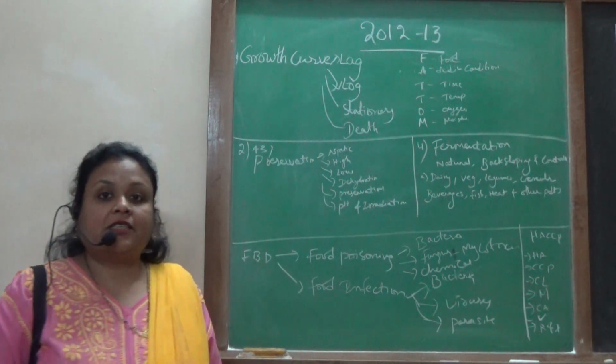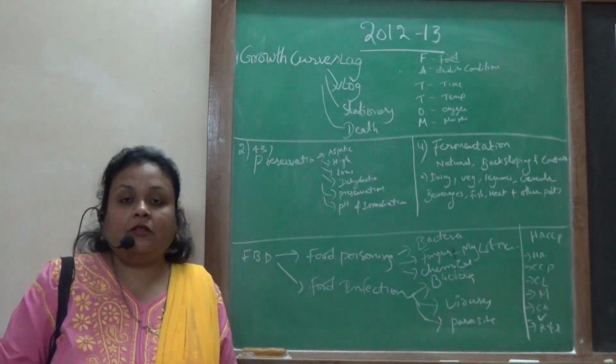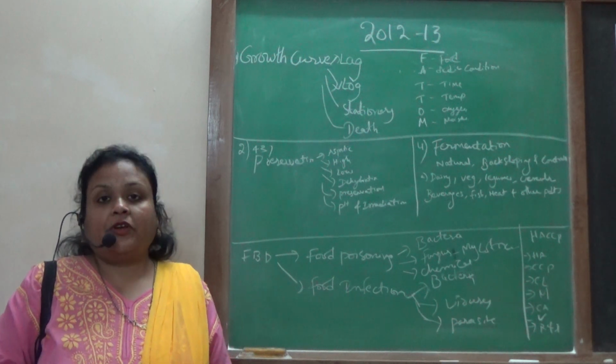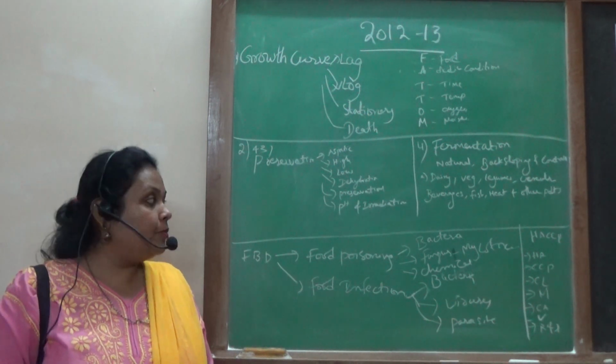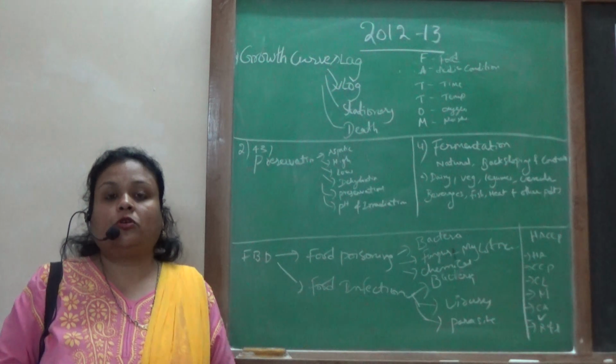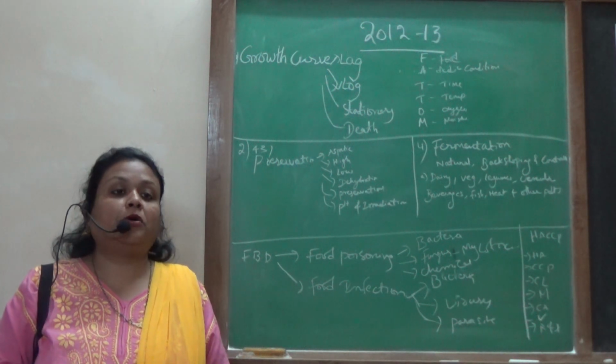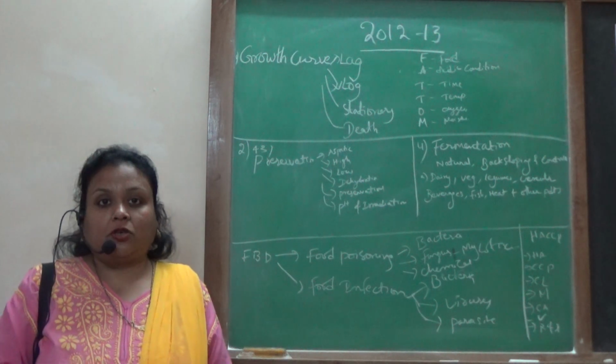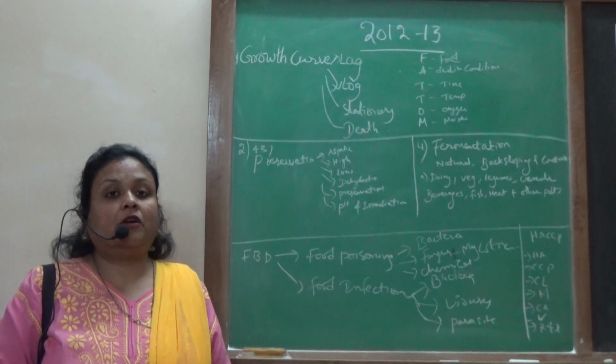As this is a 10 marks question, you are going to explain all the preservative methods. Like when talking about high temperature methods, you are going to explain sterilization, pasteurization, blanching methods, etc. So you are going to explain each preservative method in detail.